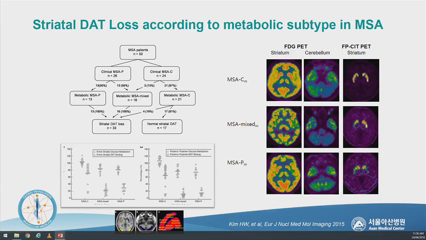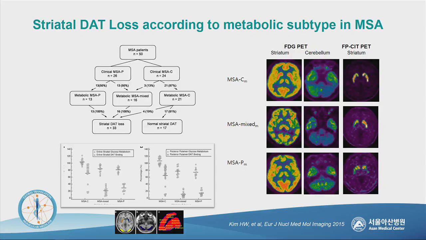So we studied MSA patients with FDG PET and FP-CIT PET to test whether the FP-CIT findings vary according to the clinical subtype or FDG finding.